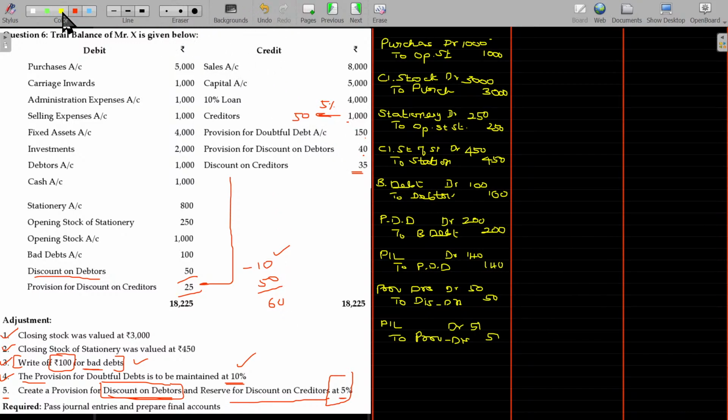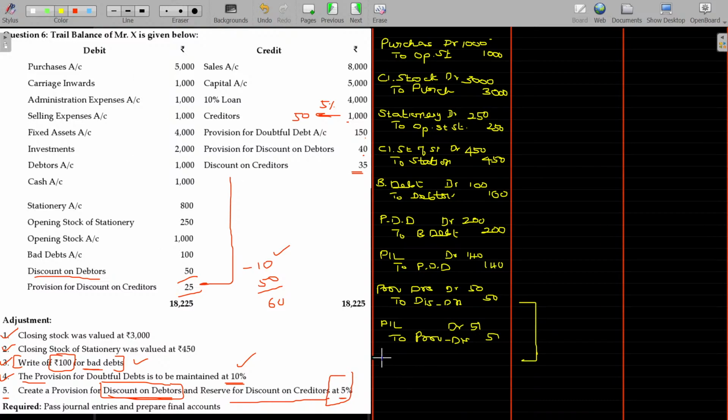For this, the entries are similar to this one, right? Provision for discount on debtors, you could debit to discount on debtors, right? Similarly, here discount on creditors and provision for discount on creditors will be taken, but it's just inverse, right? Just inverse.